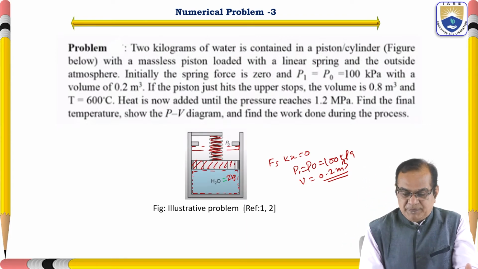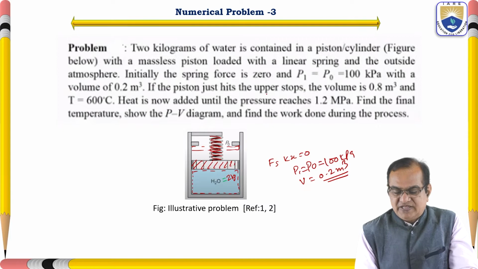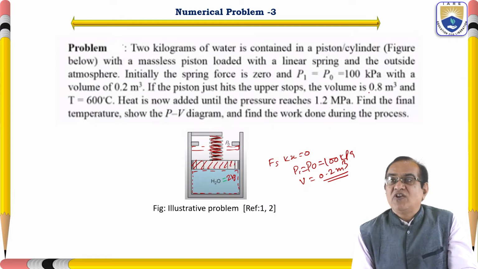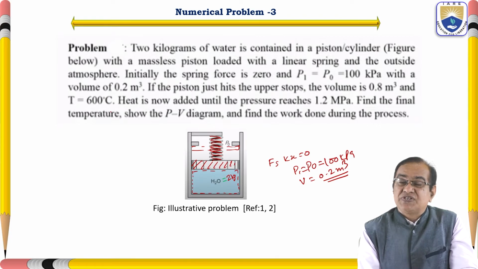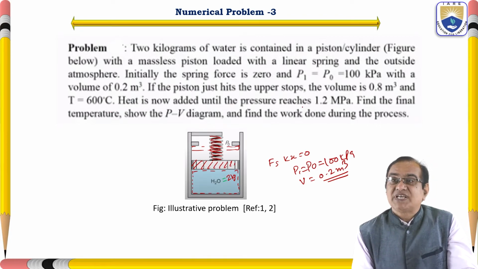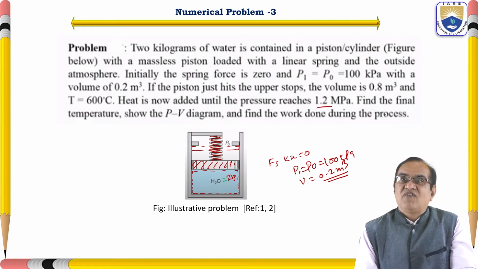So if the piston hits the upper stop, the volume is 0.8 meter cube and the temperature is 600 degrees centigrade. Heat is now added until the pressure reaches 1.2 megapascal. Find the final temperature.